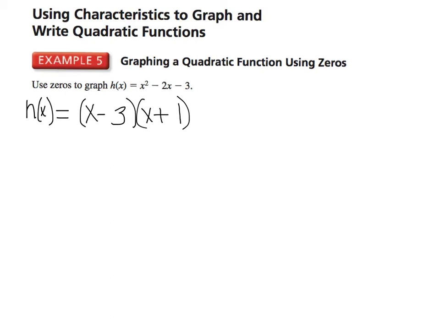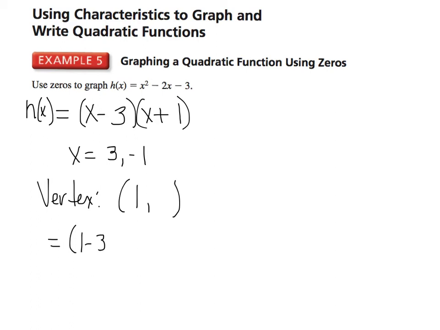So that would give me the intercepts of 3 and negative 1. I need the vertex. So the vertex would be to add those up and divide by 2. That would be 2 divided by 2, which is 1. So I need to plug in the 1. That would give me negative 2 times 2. That would make my vertex (1, negative 4).